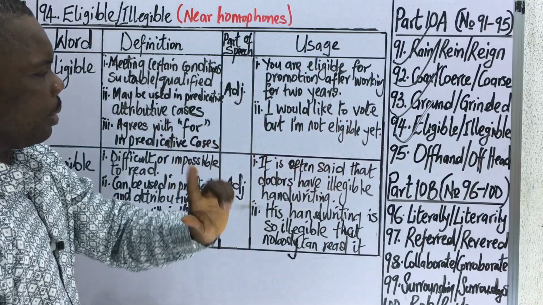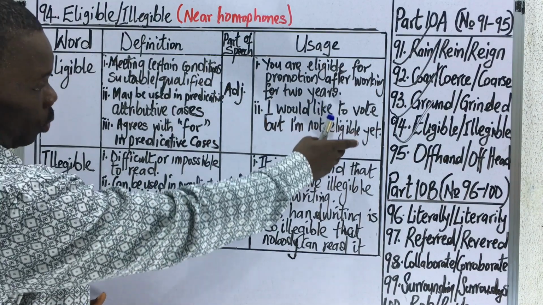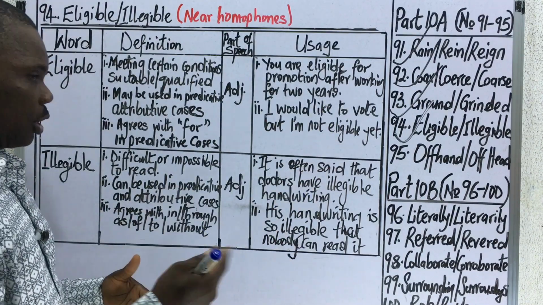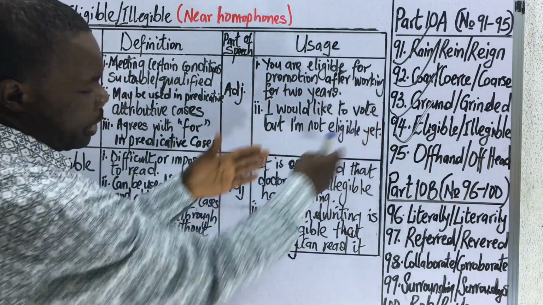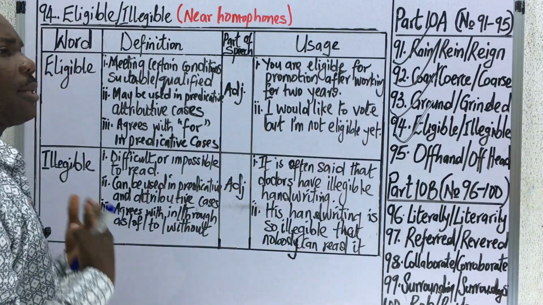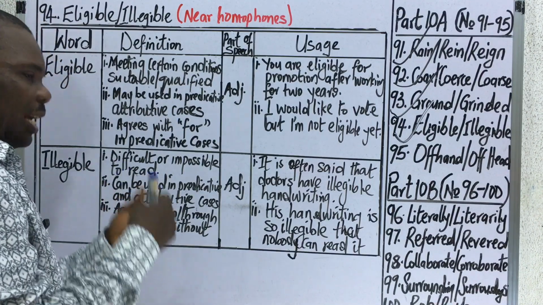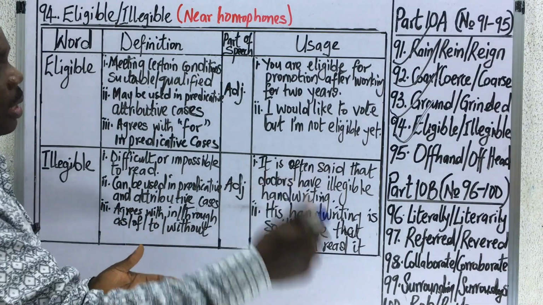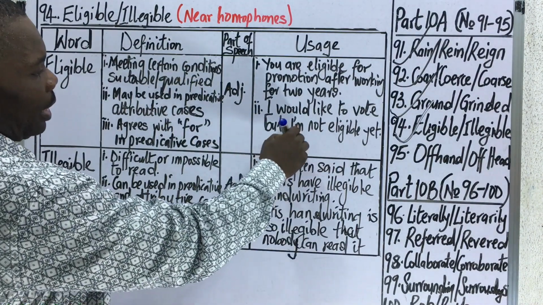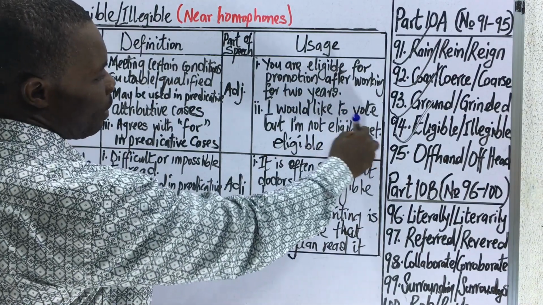But let's also remember, like we established in the course of the definition of the words, that this word can as well be used in attributive sense. So if someone says, I'm not eligible yet, then another person can say eligible voter. If you say, we have 10 eligible voters, here this word eligible is modifying voters.